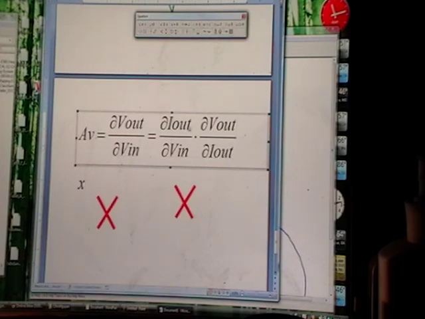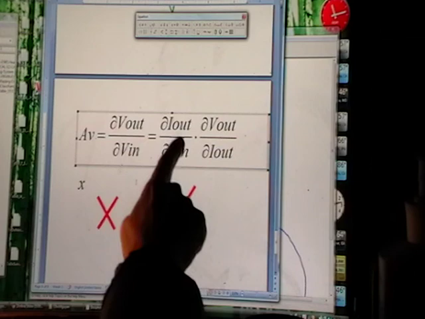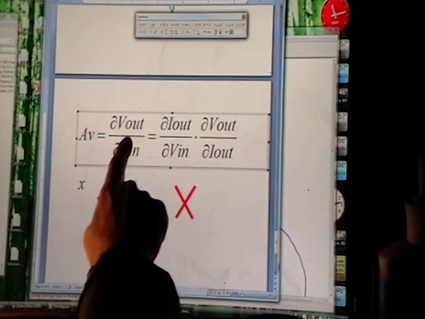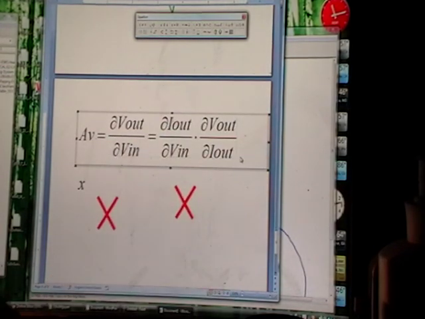If you look at this, you can see that the I outs cancel out, and you get V out over V in. So this is saying the same thing, except I've just made it longer.